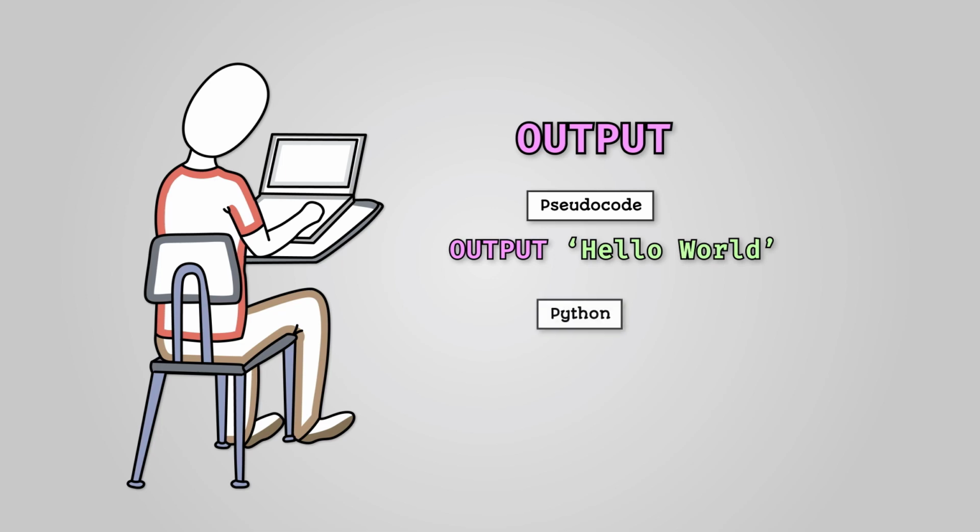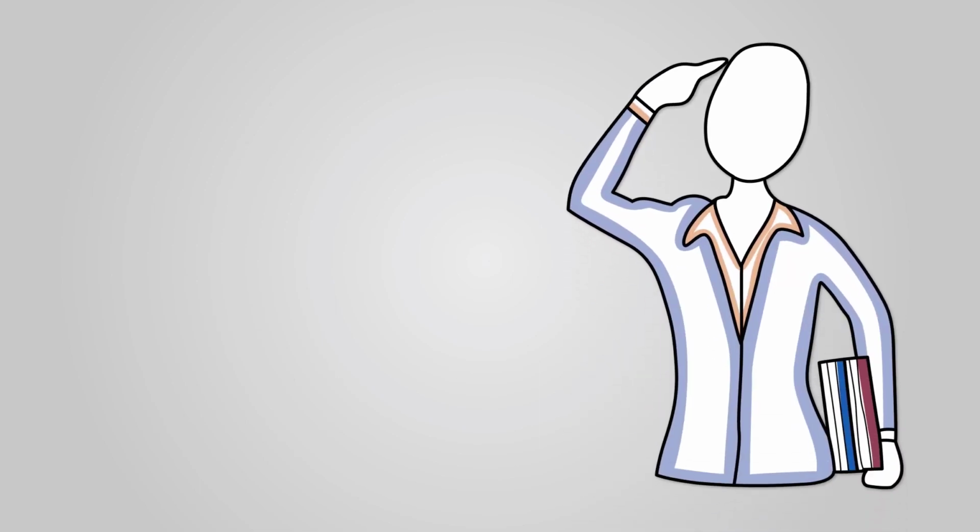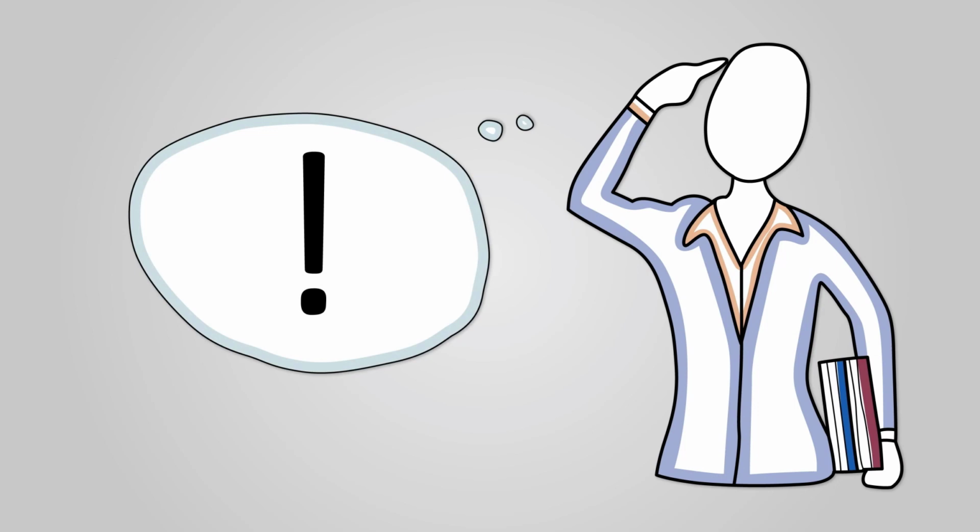We will look at the language Python for our examples. To print "Hello World" to the console window in Python, you would type the following. You'll notice this is different from how we did it in pseudocode. Remember, not everything between Python and AQA pseudocode are the same, though there are some similarities.